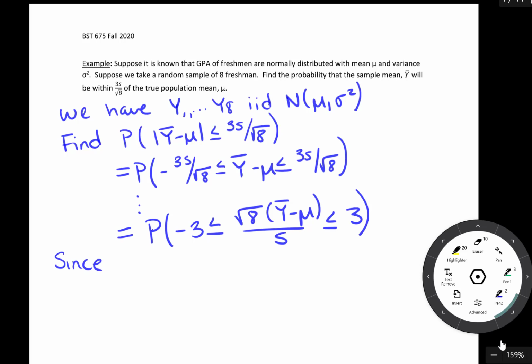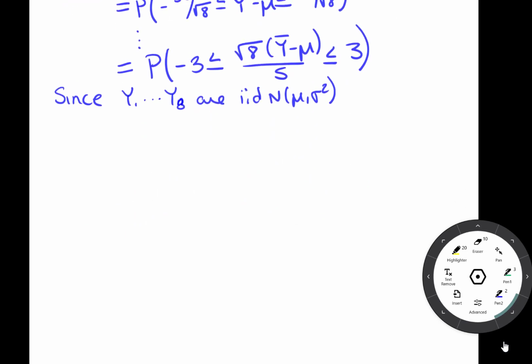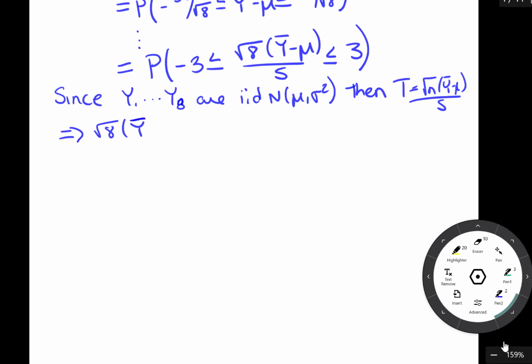And then since y1 through yn, in this case y8 really, are IID normal mu sigma squared, using that theorem we've got up above, t, which is equal to the square root of n times y bar minus mu divided by s, which is really the square root of 8 times y bar minus mu divided by s, is going to have a t distribution with n minus 1, which in this case is 7 degrees of freedom.